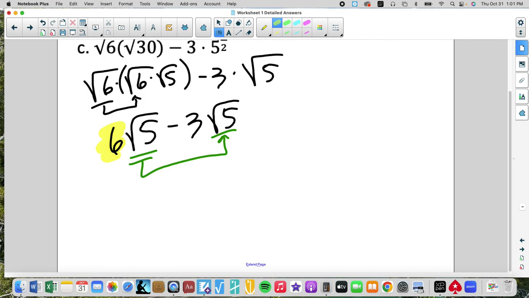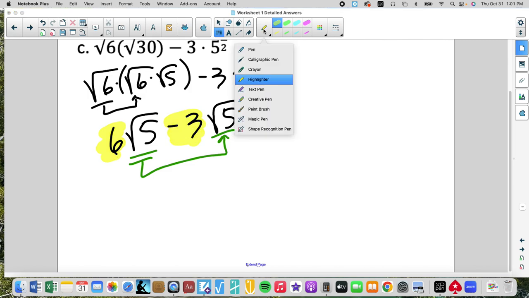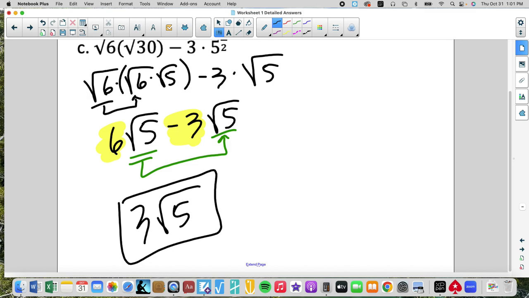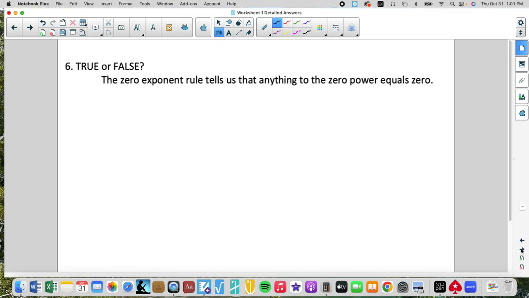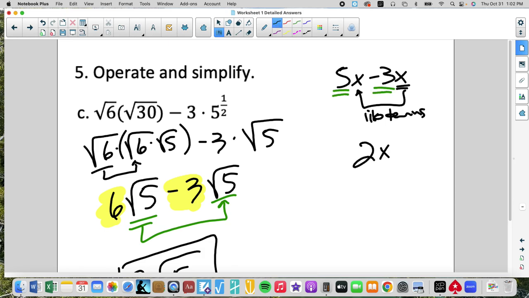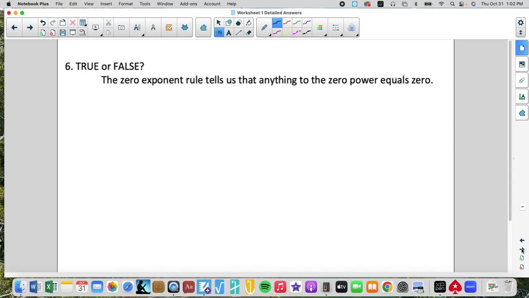We have 6 and -3, and that will give me 3 root 5 as my answer. These are good ones. I like them. So much like terms, when you have 5x minus 3x, we combine their coefficients, 5 and -3, and you get 2, and then you just bring down the term, x.